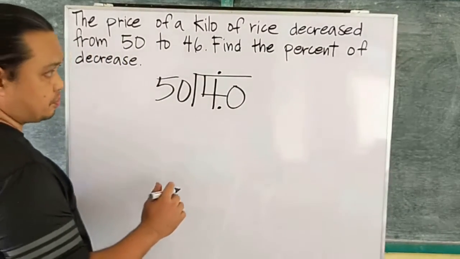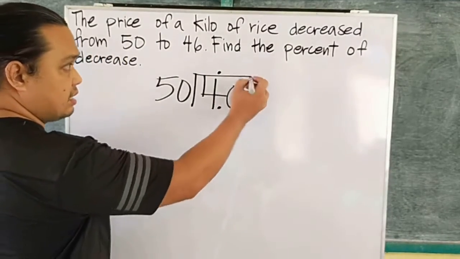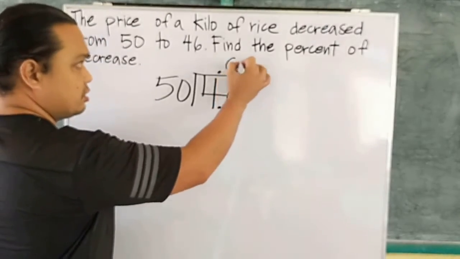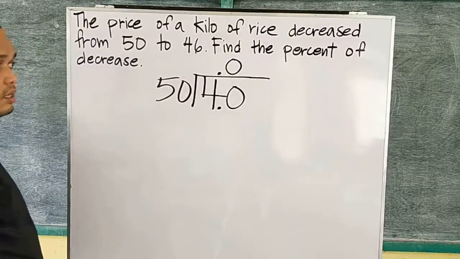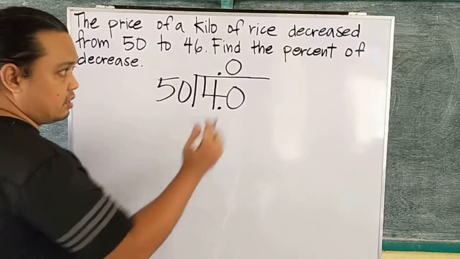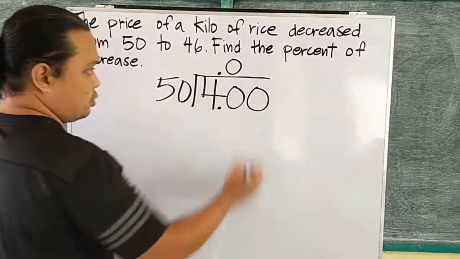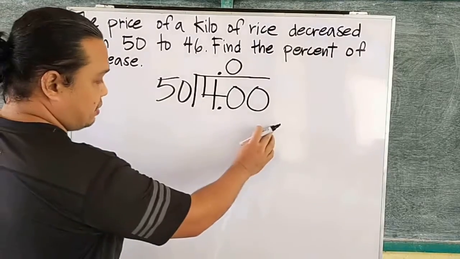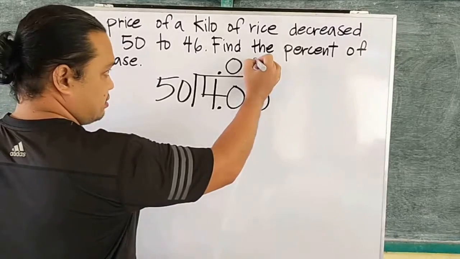So let's add another 0. But before that, let's put 0 here. So we have now 400. Okay, now 400 divided by 50, that's 8.